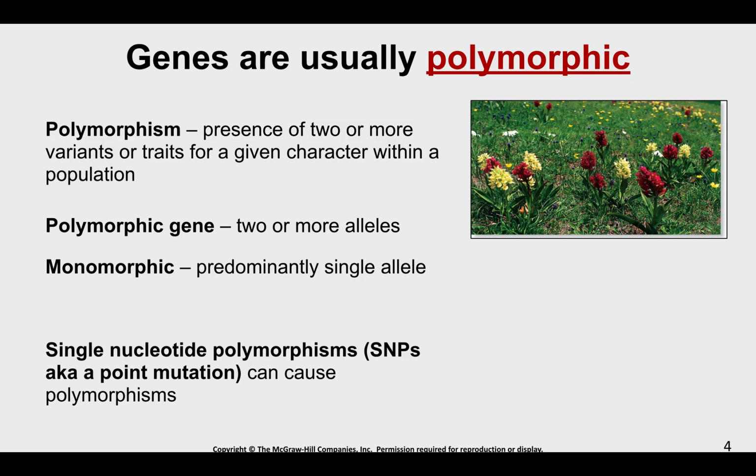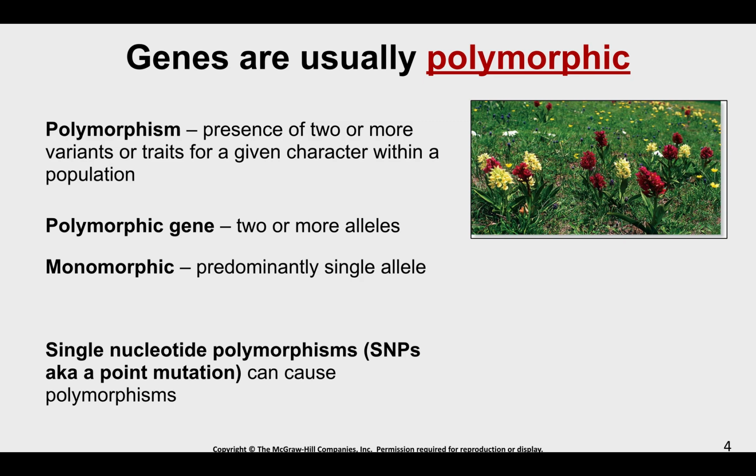All right, before we get into the math part, I just want to emphasize that genes are usually going to be polymorphic. This is not a new concept, but maybe a new terminology for it. Polymorphic just means there are two or more variants for a gene, so think two or more alleles.